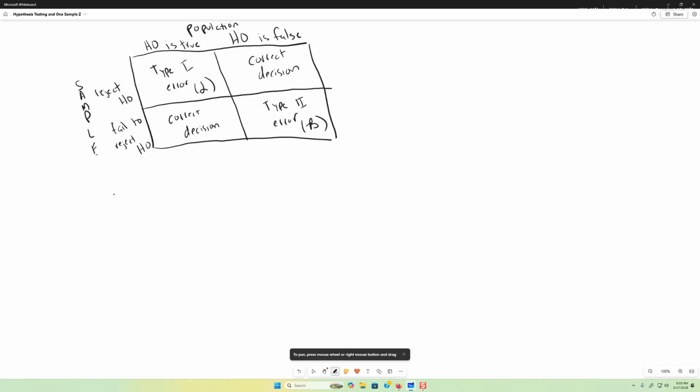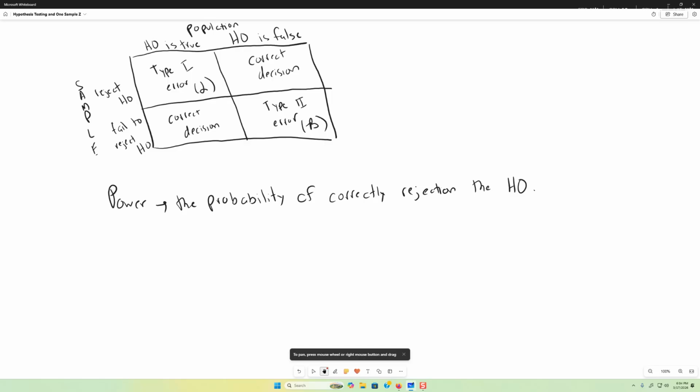Now we have this concept of power. Power is the probability of correctly rejecting the null hypothesis. Now, this is important because as a researcher, my goal is to reject the null hypothesis.